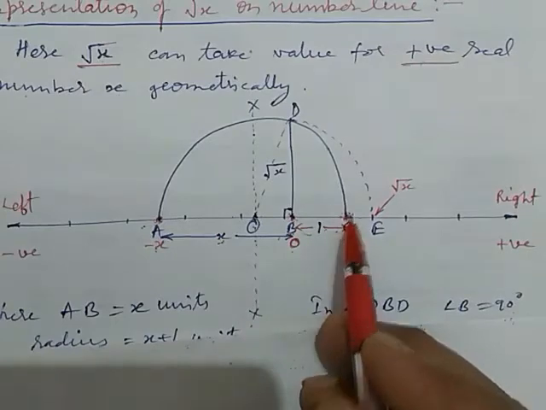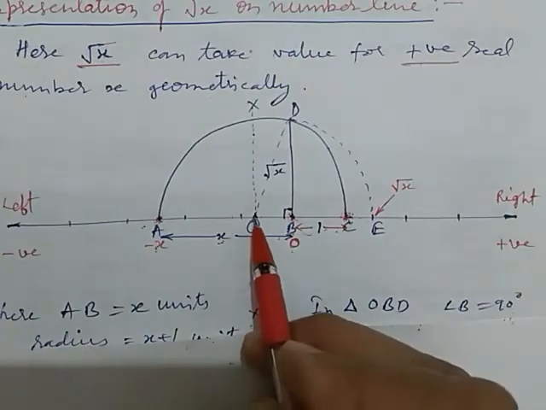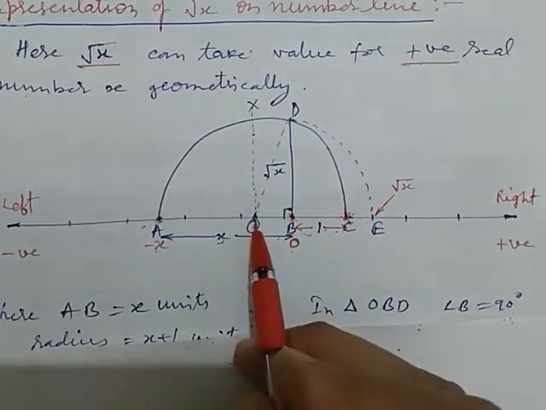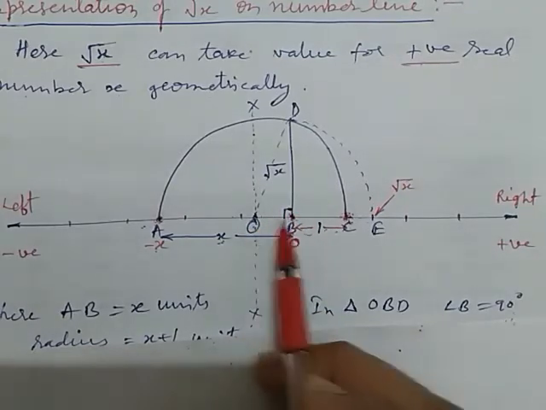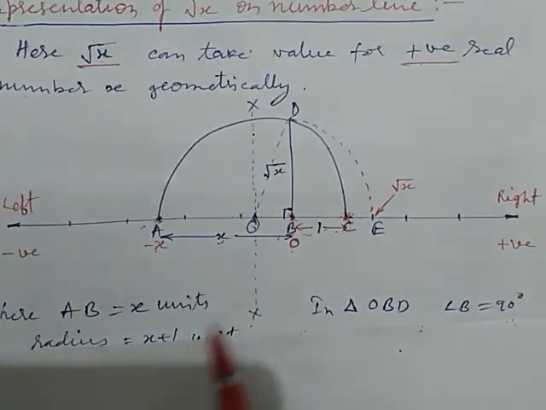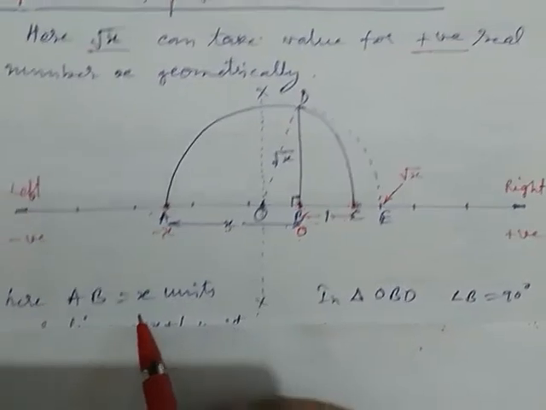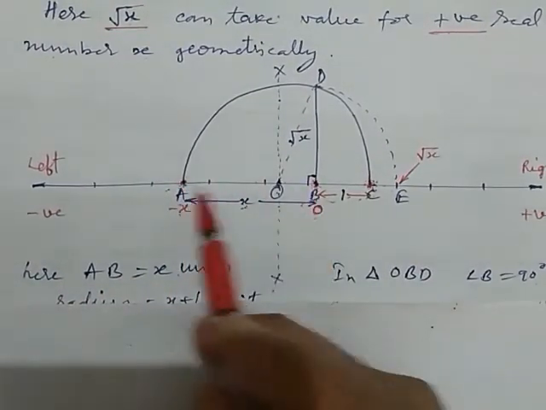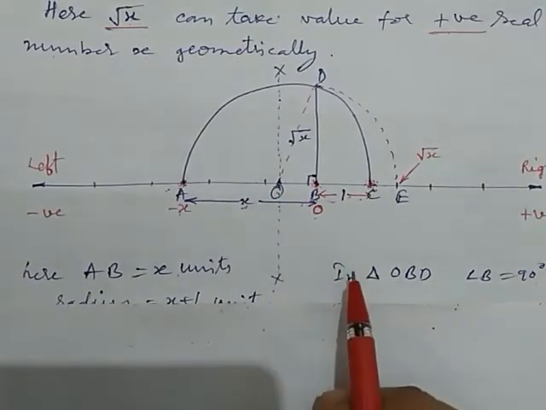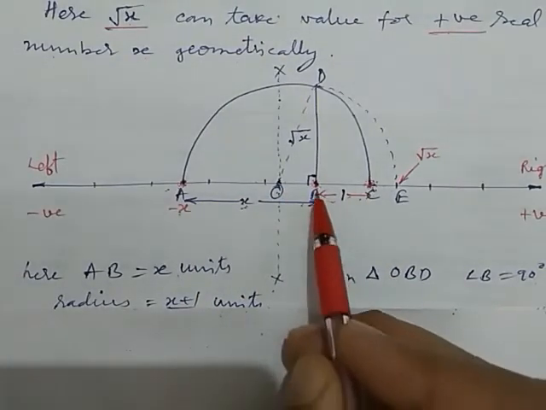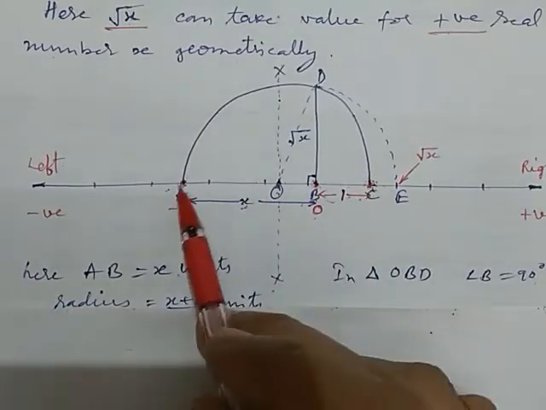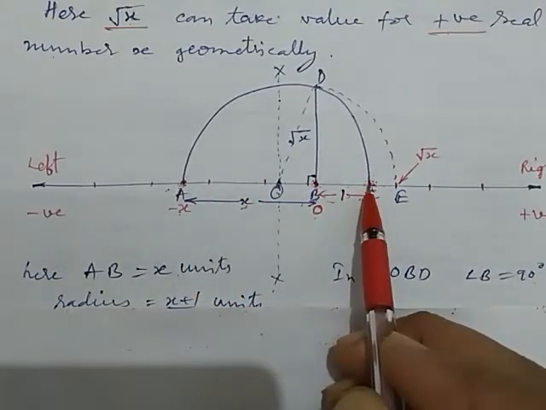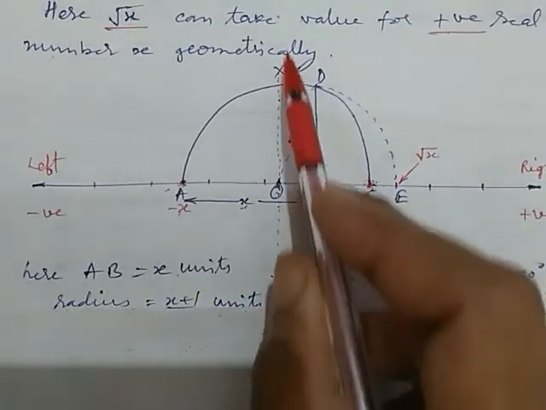Now here, what is the value of this OB? We understand it this way. Take a look. Here AB is x unit, and BC is 1 unit, so AC is x plus 1 unit. And we bisect this.